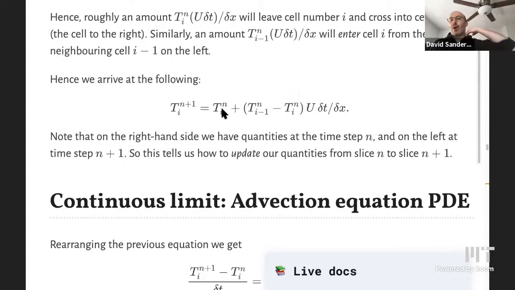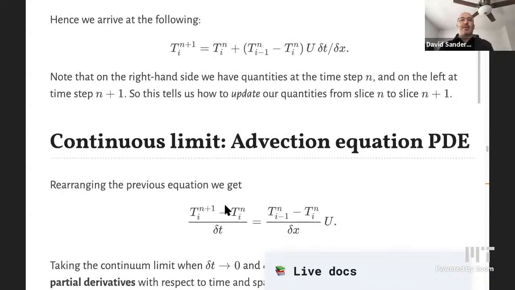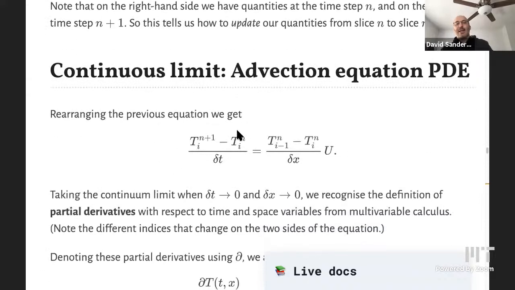Okay, and so how do we get a partial differential equation out of that? If we rearrange this equation, we can rewrite it like this. We've seen before that when we're doing these kinds of continuous limits, we need to look at differences. So here's the difference of the temperature at the next time step minus the current time step at one particular cell, divided by delta t, the length of the time step.